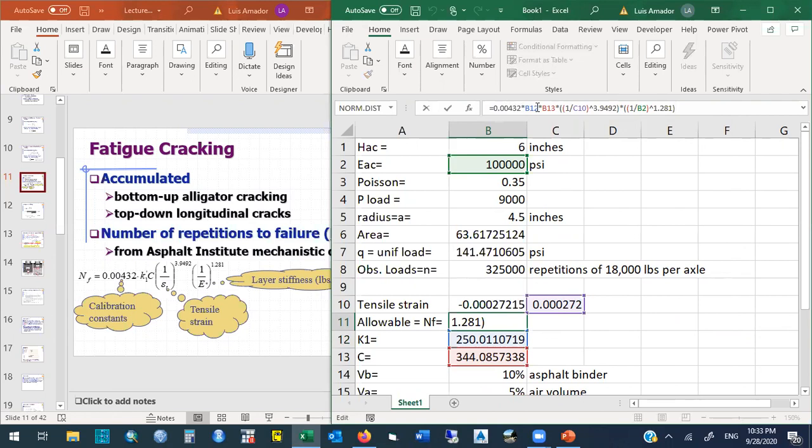Okay, 1 prime C. Okay. I'm getting a rather large number.